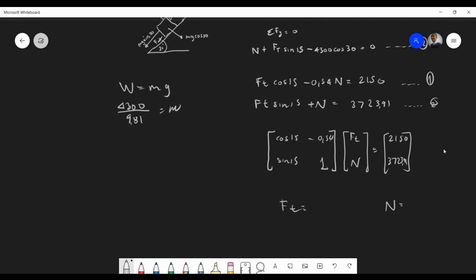It's just a warm-up example so that you're aware of how to play around with this kind of stuff. I like to use matrices instead of simultaneous equations, but I'm just giving you grace by not actually working it out. If you're smart, you would have gotten this answer here.